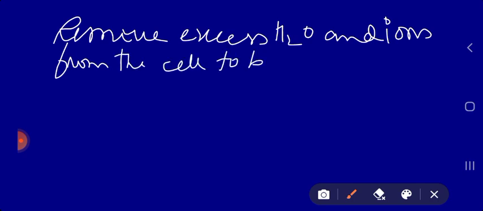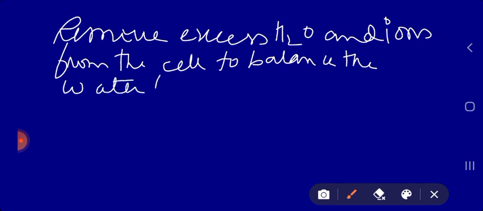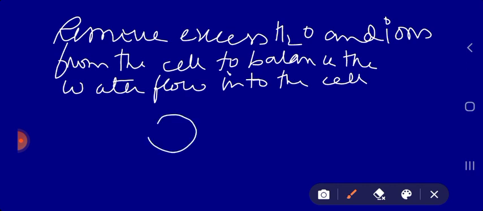Why? To balance the water flow into the cell. Now when the contractile vacuole is slowly taking the water inside, what will happen? It will become enlarged.